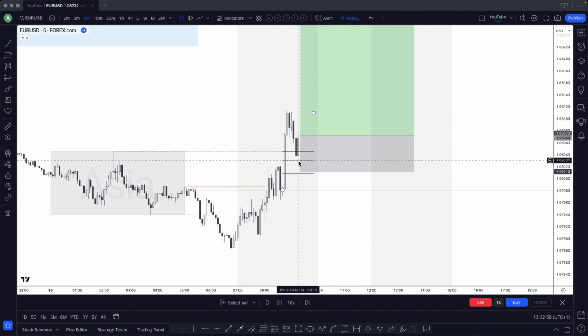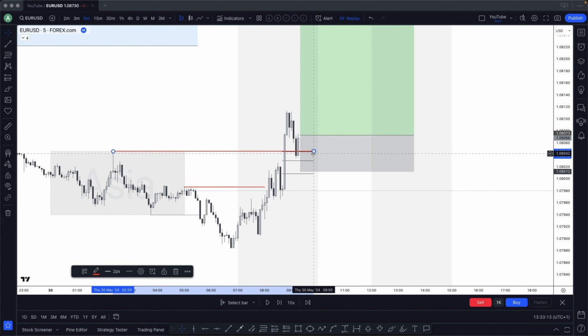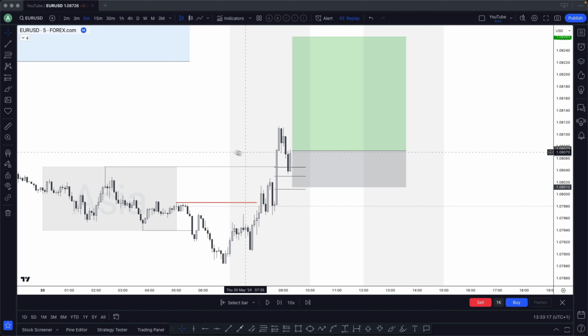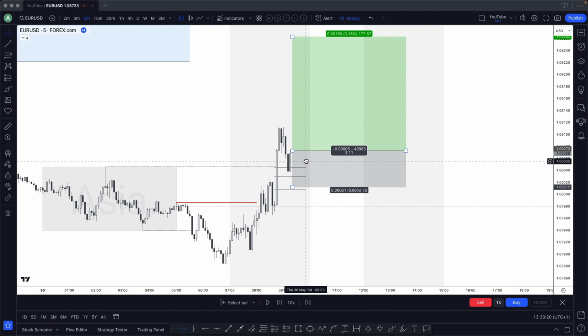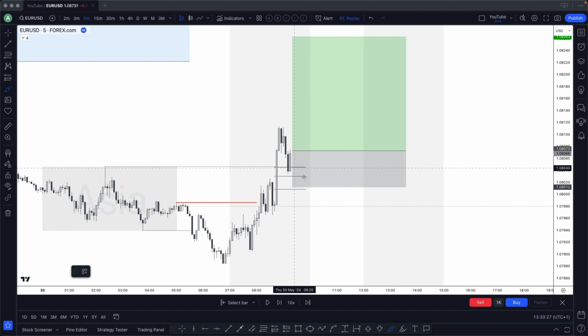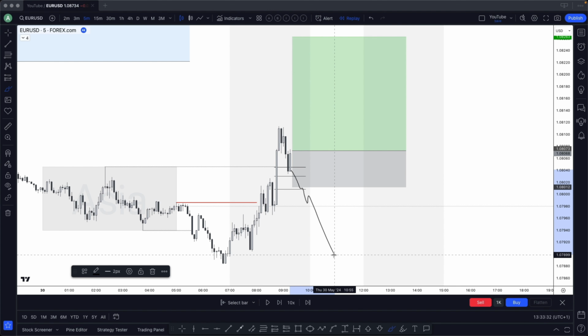Typically, I would like a 62 OTE. However, because of this big move higher, this Asia high being within here and us seeing that rejection, I was pretty confident just to market execute that, have a fairly tight stop and be confident that this would be the low, and that if price came back down, it's likely that we would have further broke down lower.